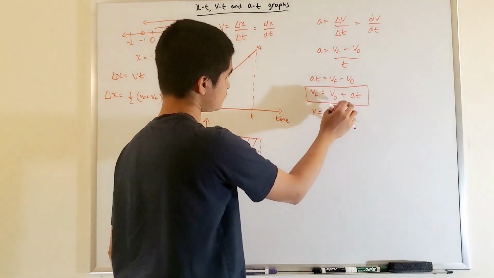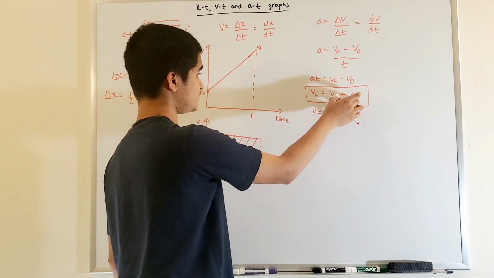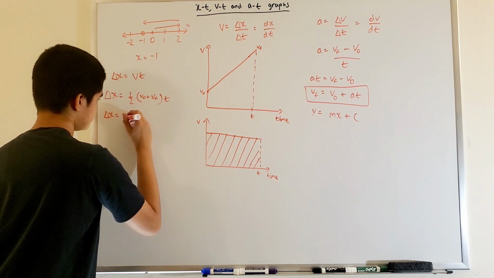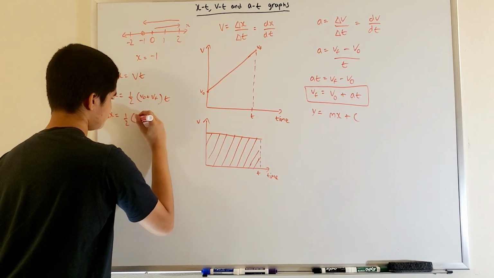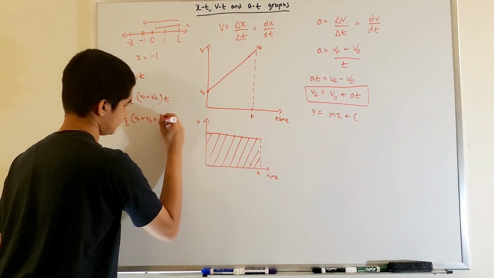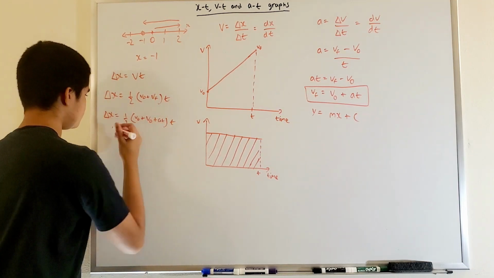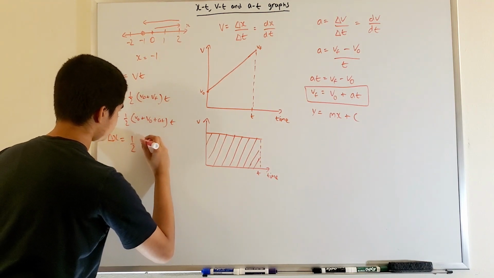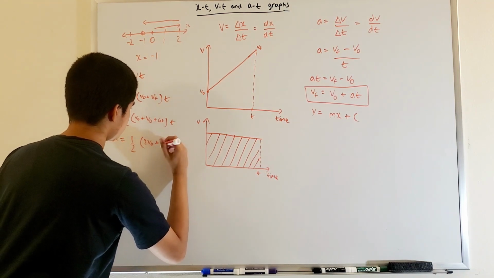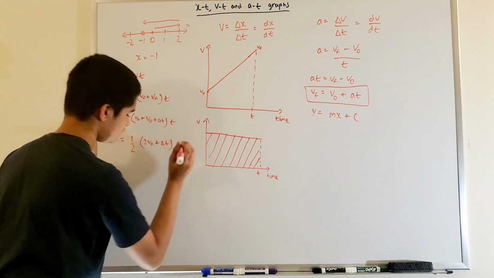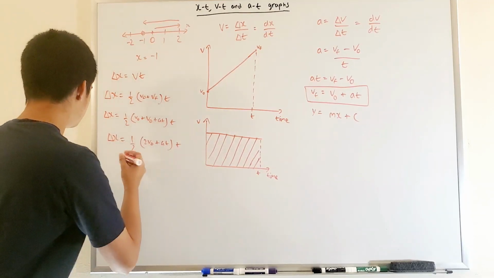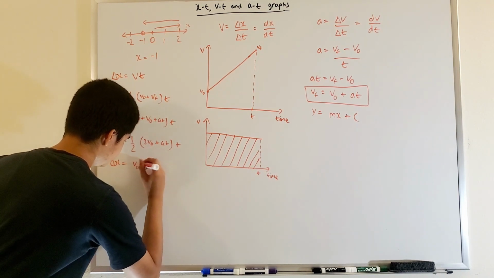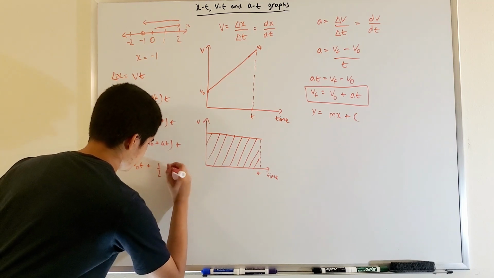Now, from this equation, notice that vf is equal to v0 plus at. Substituting that here, we get delta x is equal to 1/2 into v0 plus at to t. Simplifying the terms inside the parentheses, we get 1/2 times 2v0 plus at into t. Rearranging the terms, we see that this can be written as delta x is equal to v0t plus 1/2 at squared.